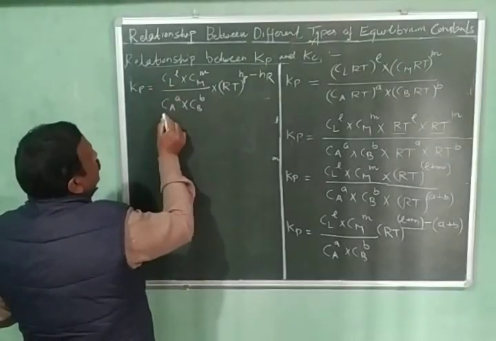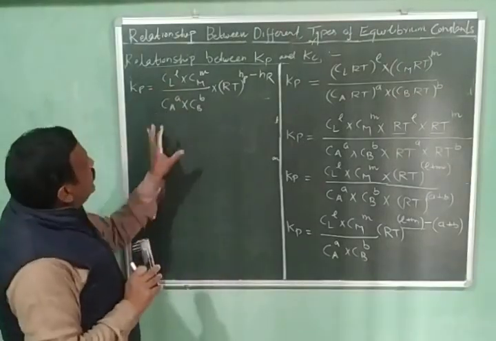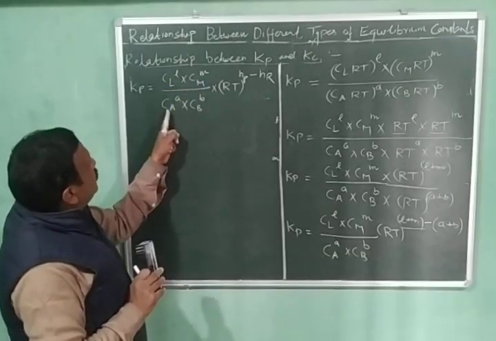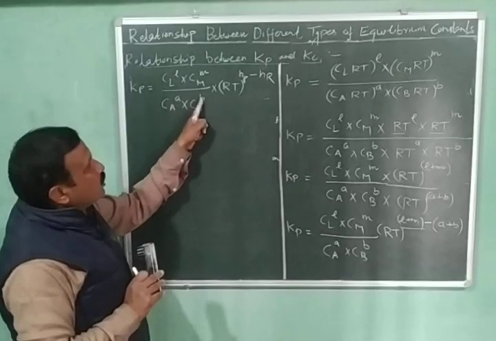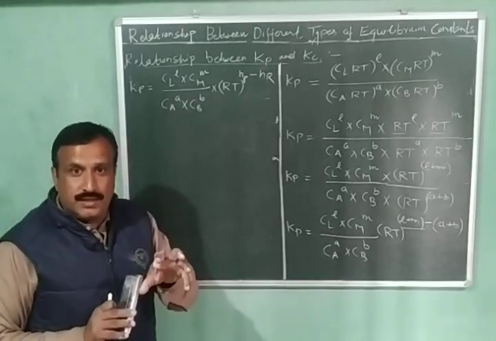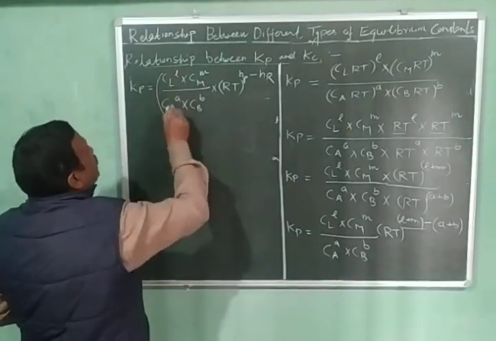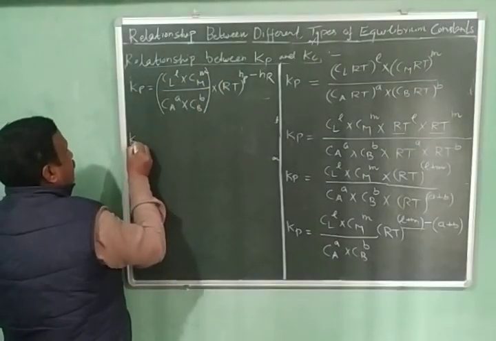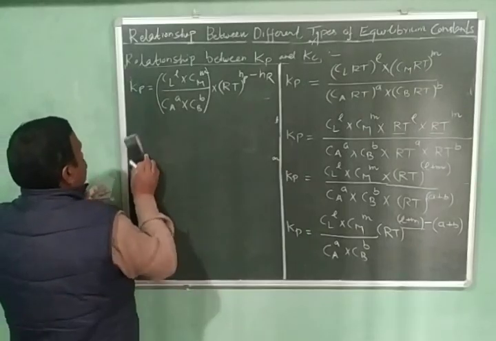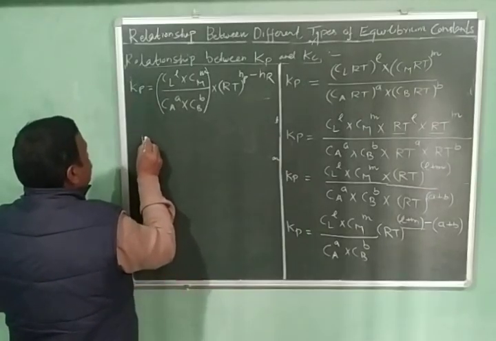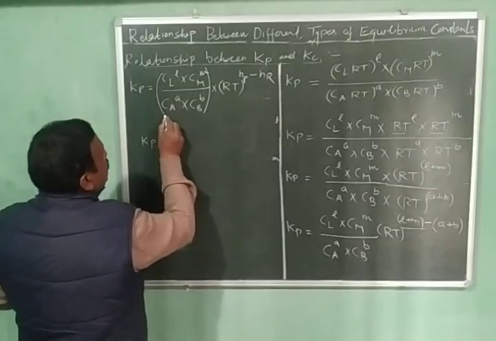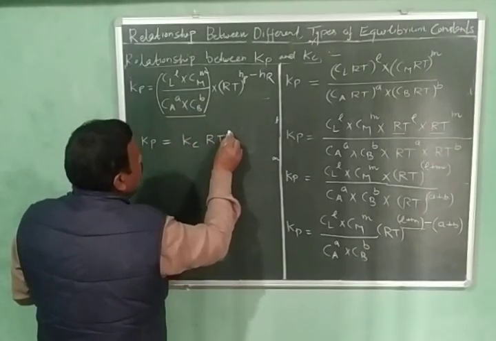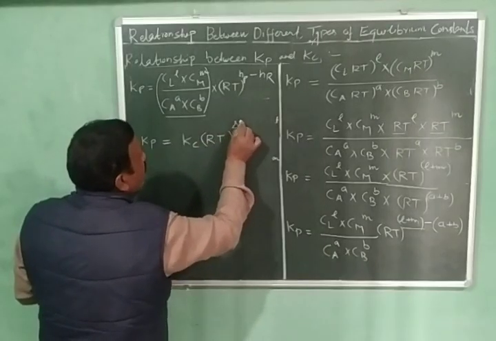And I have told you in the beginning of this video that this quantity Cl raised to power L into Cm raised to power m divided by Ca raised to power A into Cb raised to power B is equal to Kc. Then we will have Kp is equal to Kc into RT raised to power delta n.